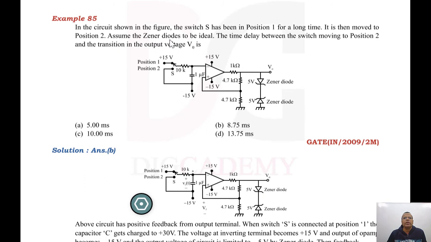Assuming the Zener diodes to be ideal, the time delay between moving to position 2 and the transition in output voltage V naught is? See the circuit carefully. I have 15 volt here where the switch was connected, right? So I have some voltage connected at this point, that is at the lower terminal of the capacitor, right?